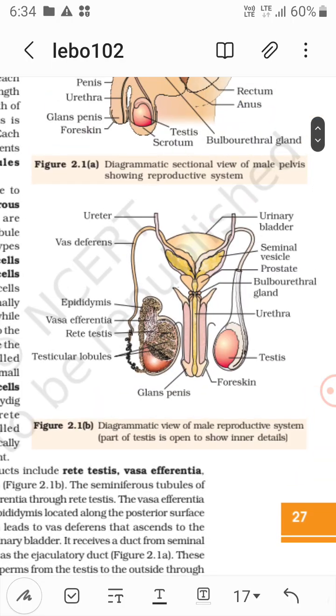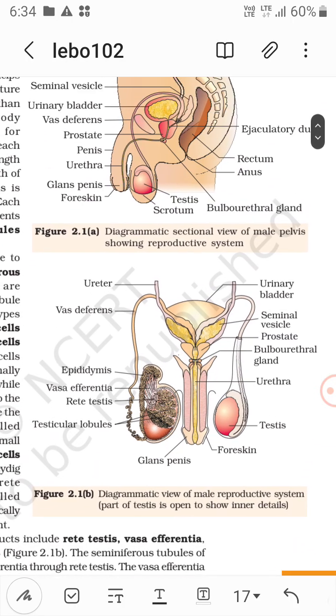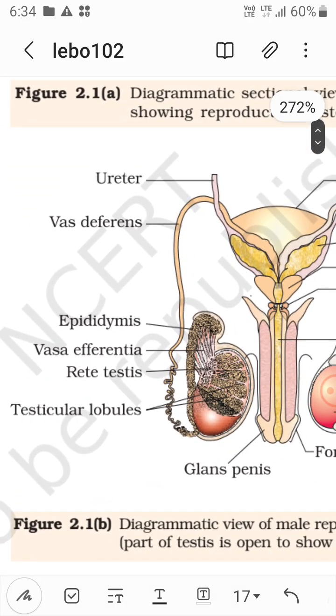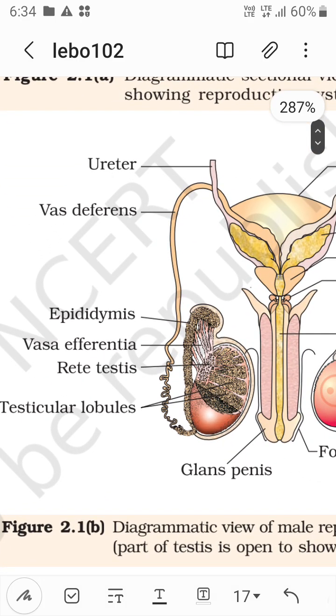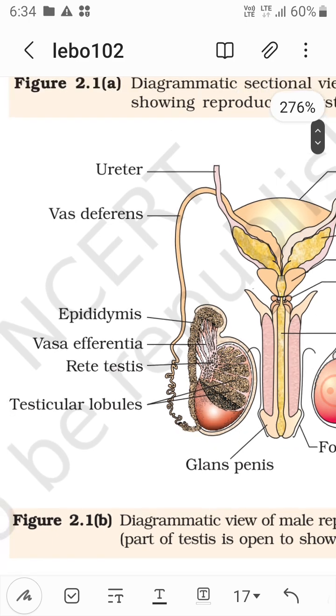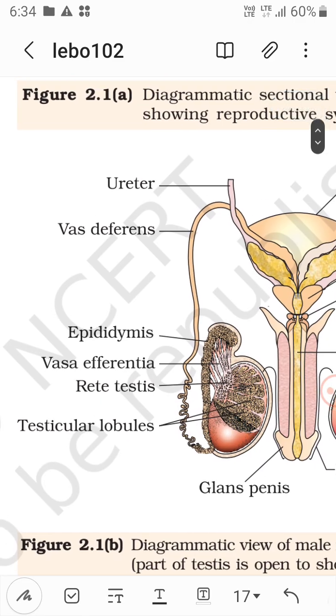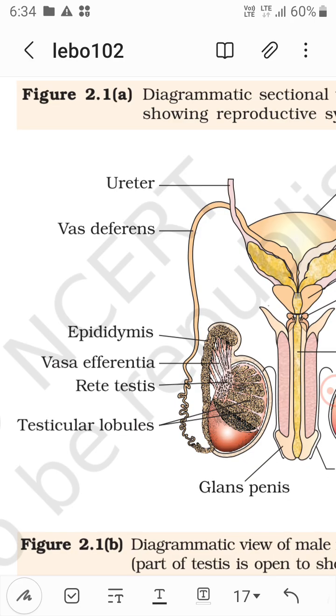Now we are going to study this diagrammatic view of the male reproductive system. Parts of the testis are open to show inner details, as you can see. Starting from the testicular lobules, each has one to three highly coiled seminiferous tubules. The seminiferous tubules open through the rete testis into the vasa efferentia, and then the vasa efferentia open into the epididymis on the posterior side.